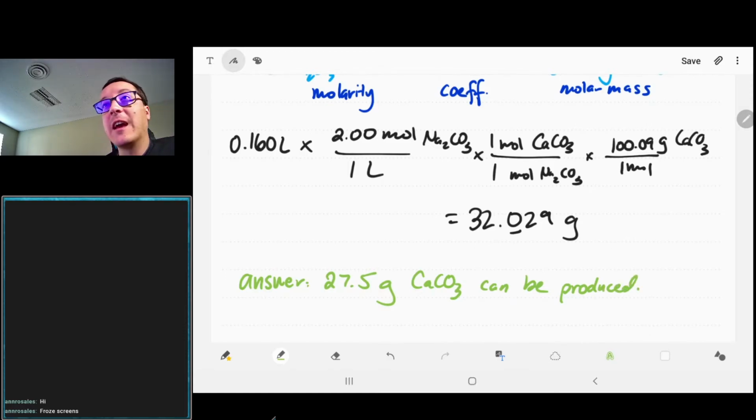So we are going to have extra sodium carbonate floating around in that solution. We're going to use up our calcium chloride, making all this calcium carbonate.